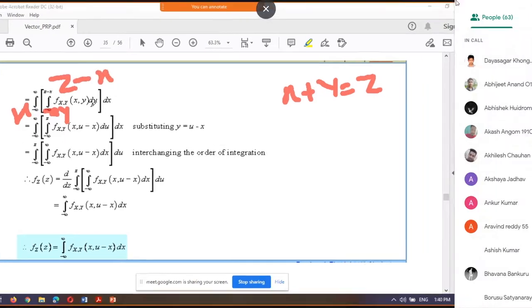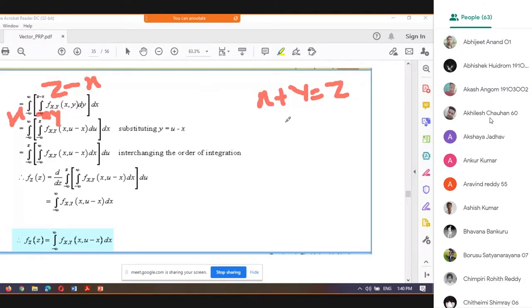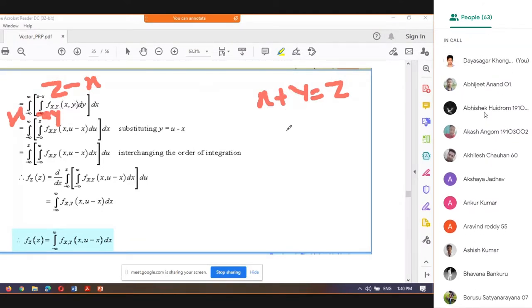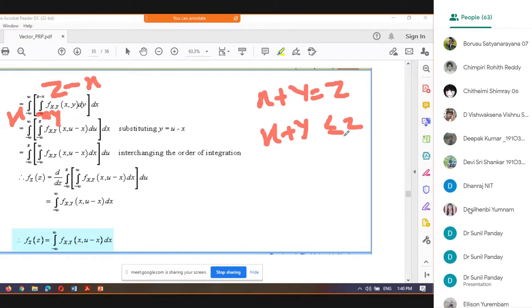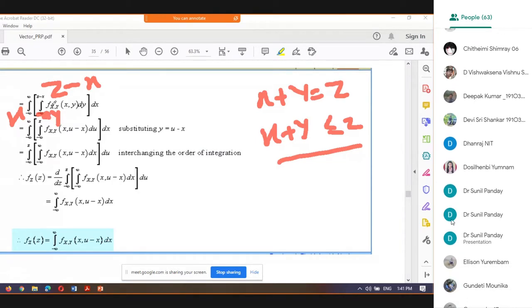If y takes a value less than z minus x, the relation is still satisfied. But if you take any value of y greater than z minus x, the relation is not satisfied, which means it does not belong to the domain of z. That's why we have z minus x here.